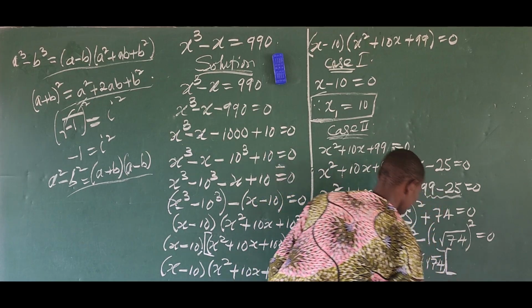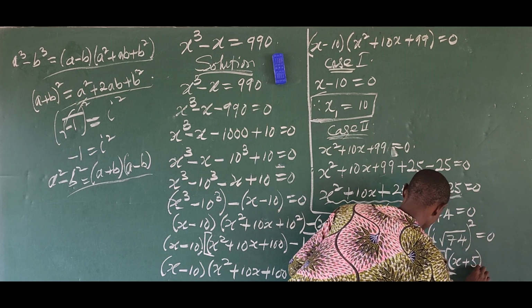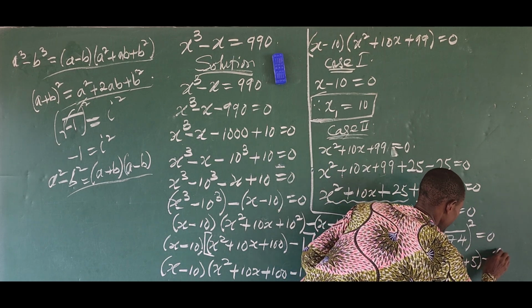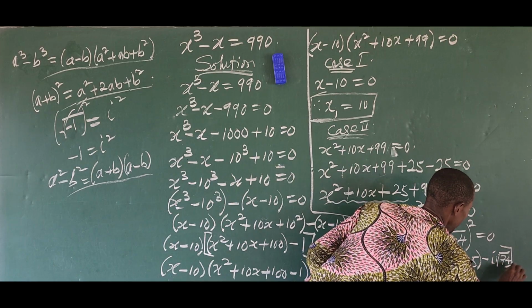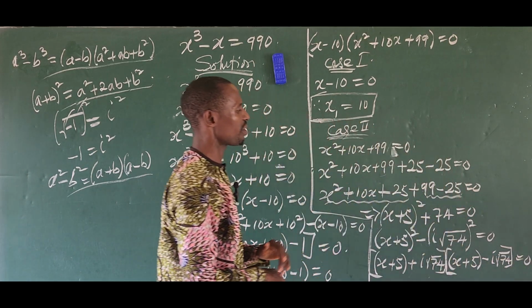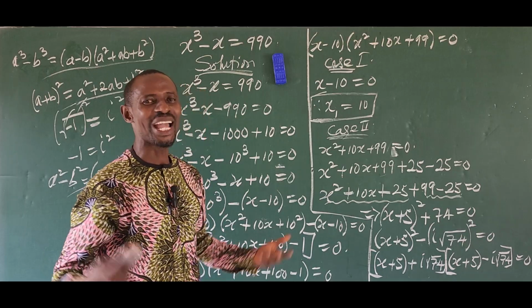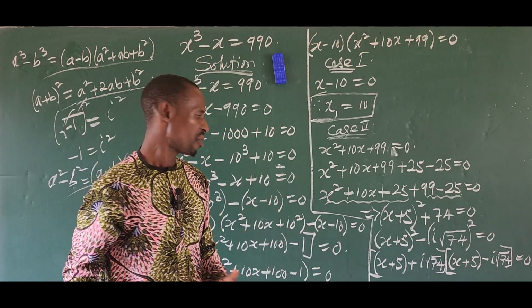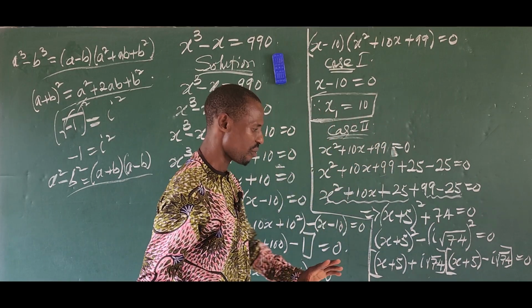Then the second bracket is going to give us (x plus 5) close bracket, then minus iota root 74, close square bracket, everything equal to 0. Good. So again, we can apply the zero product rule, whereby we equate this to 0, we equate this to 0. And if we do that, what happens?